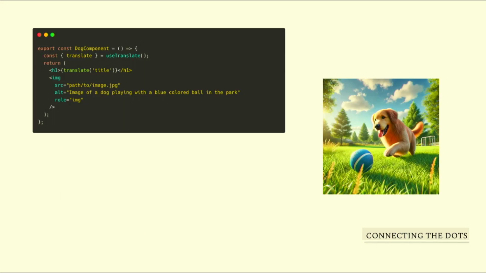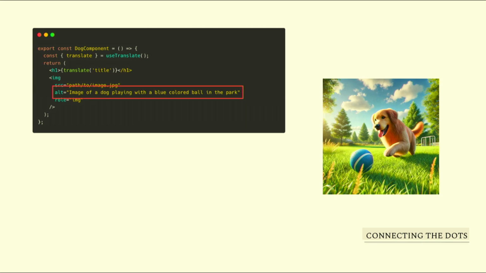Now here I have a small component named dog component, which is rendering this image of a dog playing in the park. Can anyone spot what could be improved with this component in terms of accessibility? The alt tag, right? Yeah, correct.